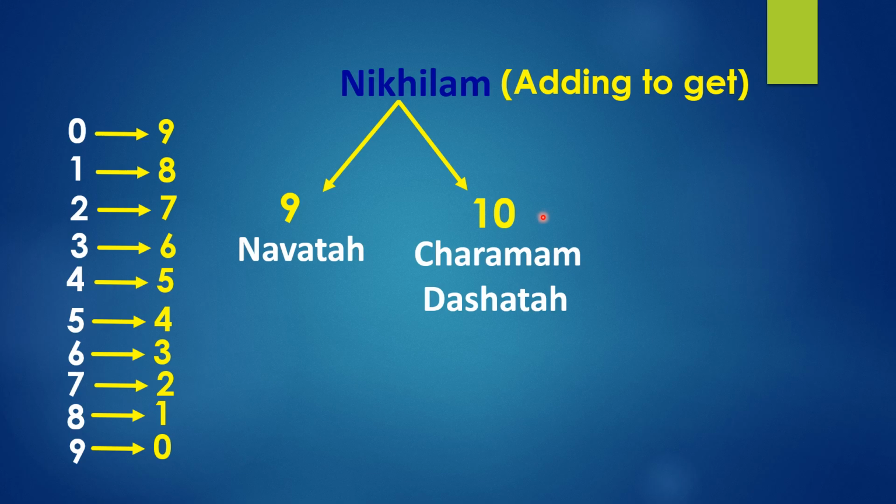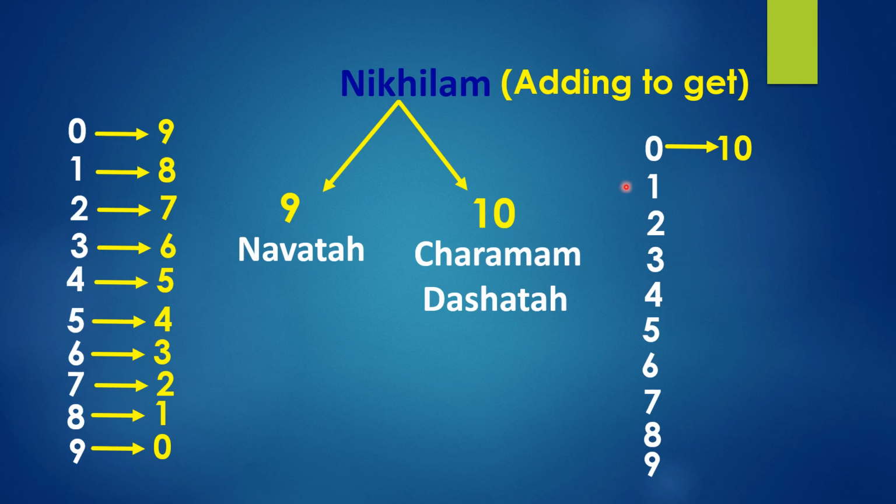Now we will move on to Charamam Dashataha. Charamam means the last digit. In the same manner, we will consider 0, 1, 2, 3, 4, 5, 6, 7, 8 and 9. Here we are dealing with Charamam Dashataha. Dasha means 10. So how much should be added to 0 to get 10?